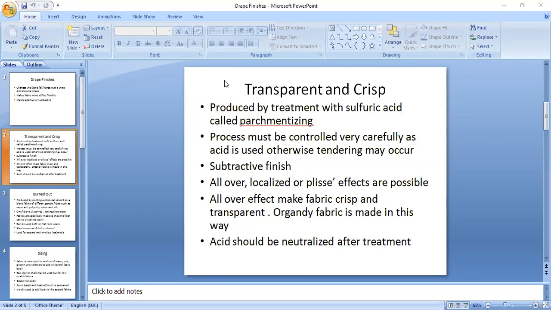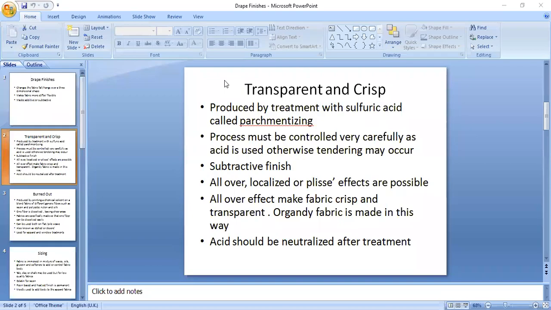After the treatment, the acid resistant areas will retain their original opacity. They will remain solid, they will remain opaque, and the other area which was not printed with the acid resistant substance will be parchmentized, will become transparent.